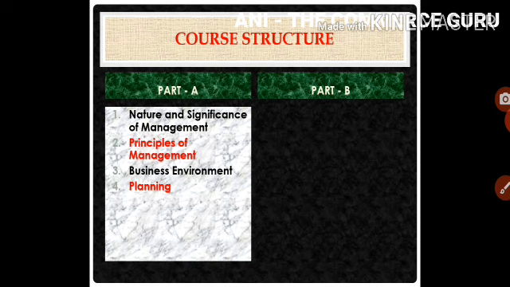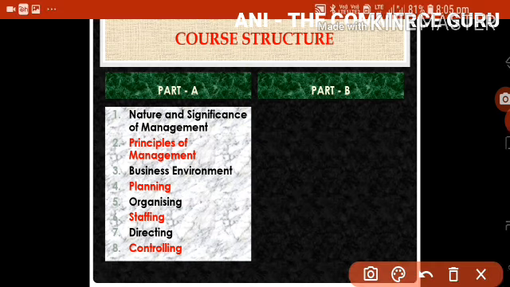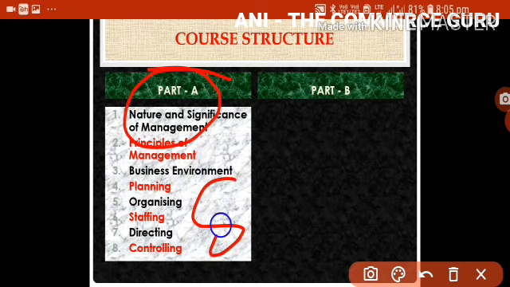Number 4, Planning. Number 5, Organizing. 6, Staffing. 7, Directing. And 8, Controlling. So I repeat, Part A consists of 8 chapters.